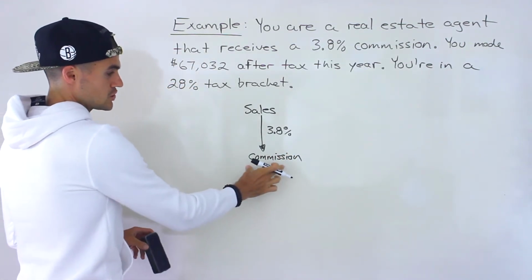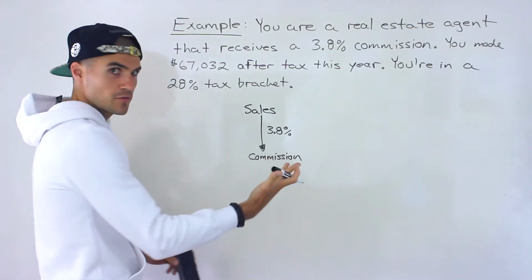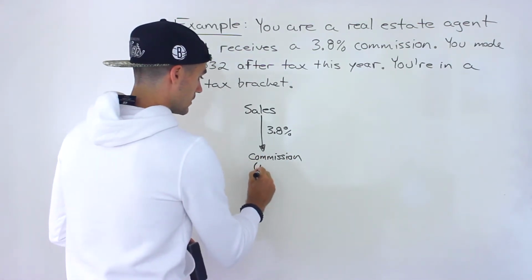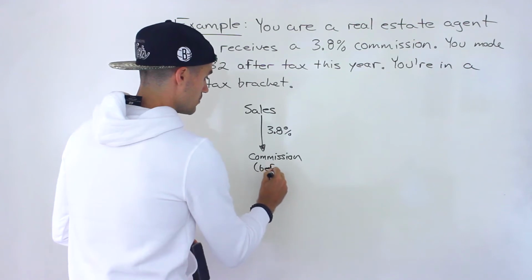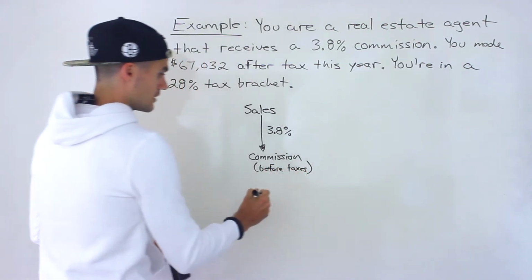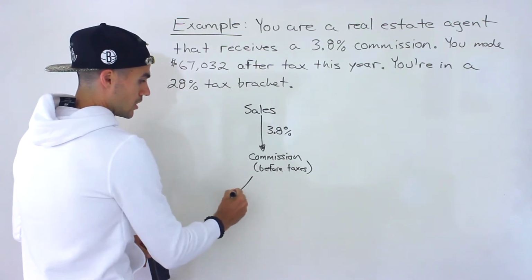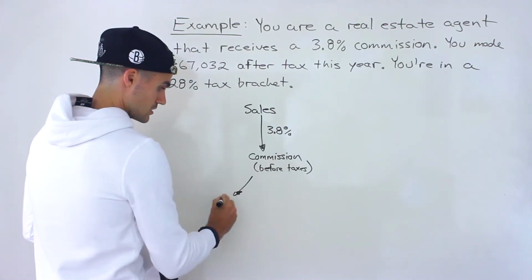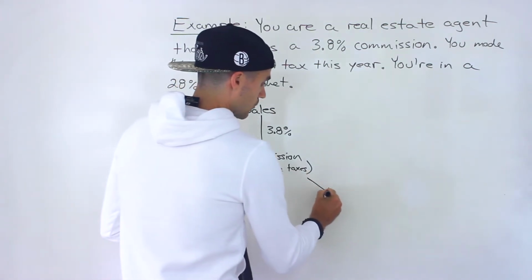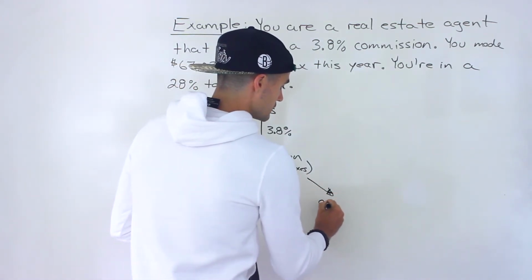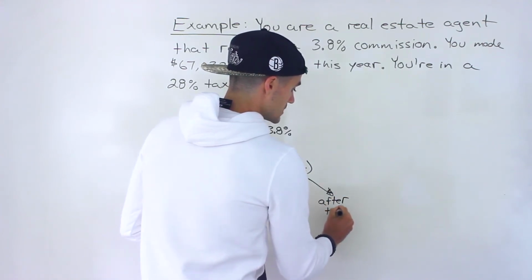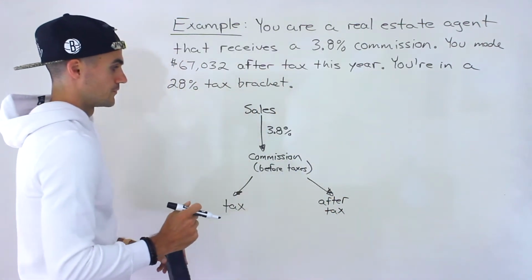Now, this commission you receive, you have to pay taxes on that, right? So this is going to be before taxes. A portion of this commission is going to be taxed, and what you're left with is the after-tax amount. That's the amount that you can take home.